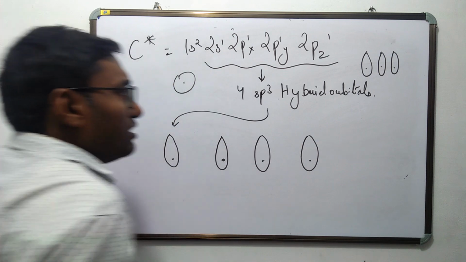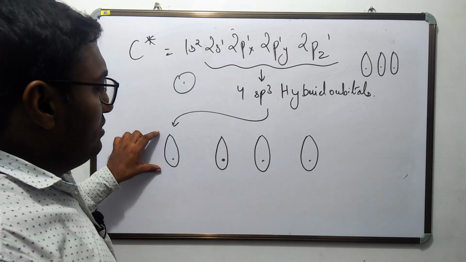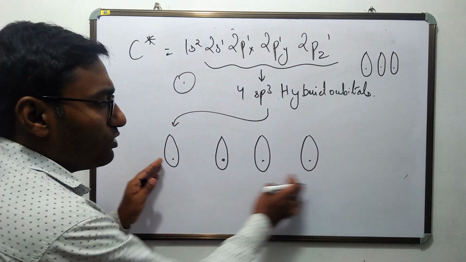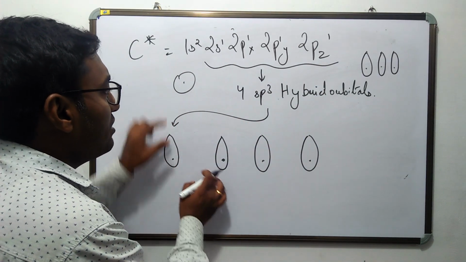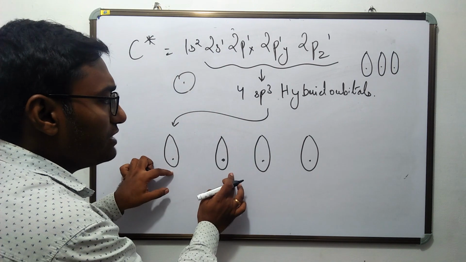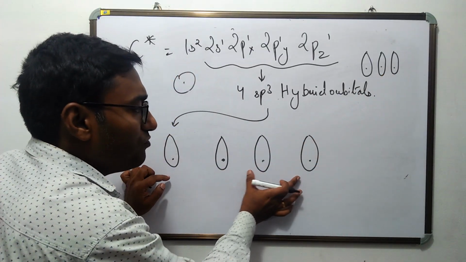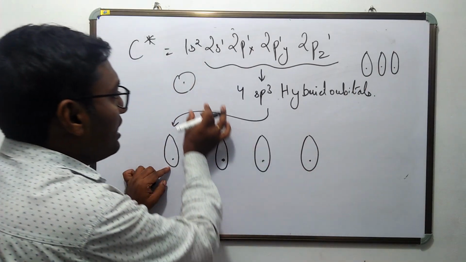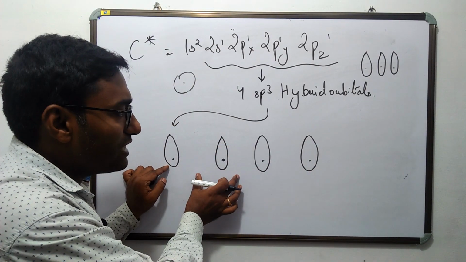Notice that it is made up of 1s and 3p. So the 4 new orbitals are having 1/4 character of s and 3/4 character of p, or you can say 75% of p character and 25% of s character.